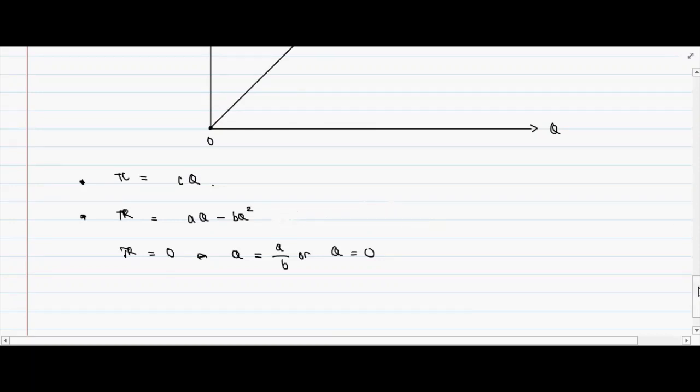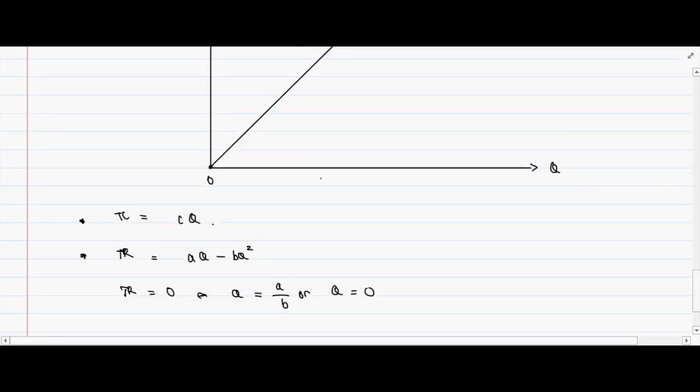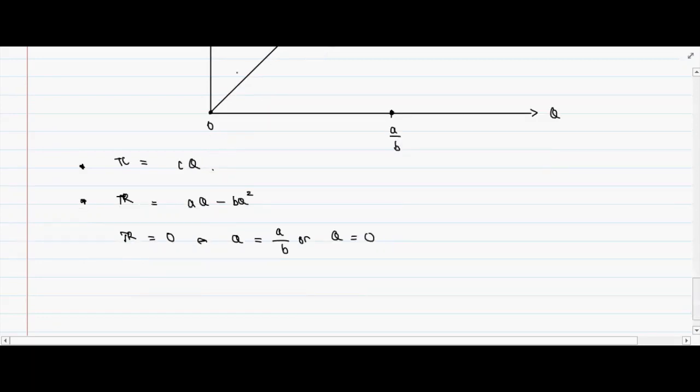Okay, so I got 2 points. One is when Q equals 0, which is here, and one is Q equals A on B. So I just make up some random point A on B over here. Okay, so these 2 points are going to be on the total revenue curve, when total revenue is equal to 0.